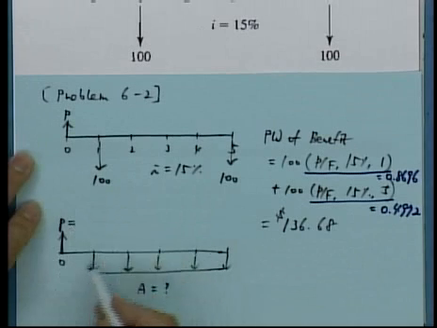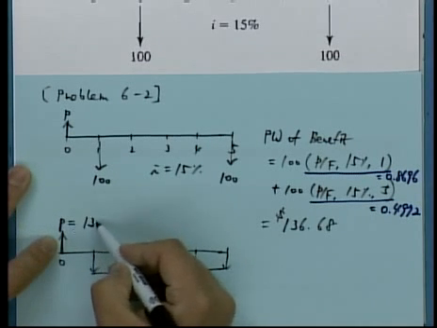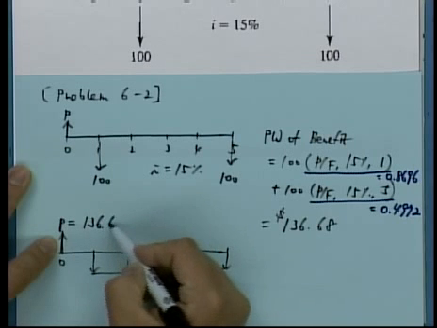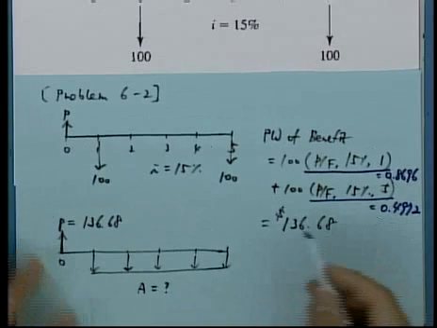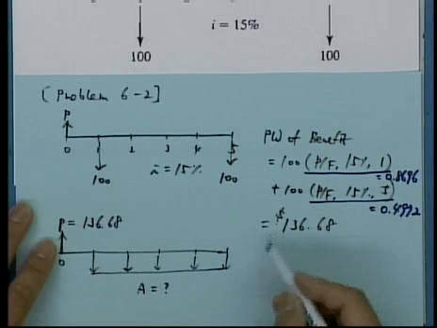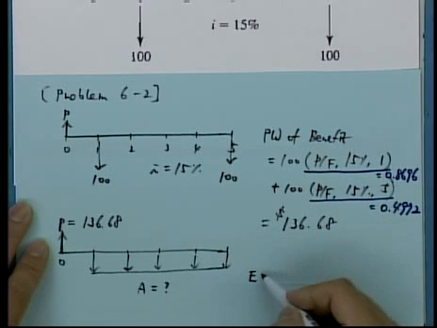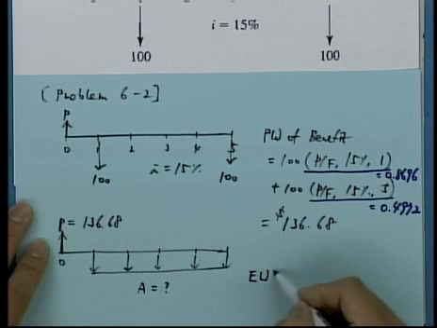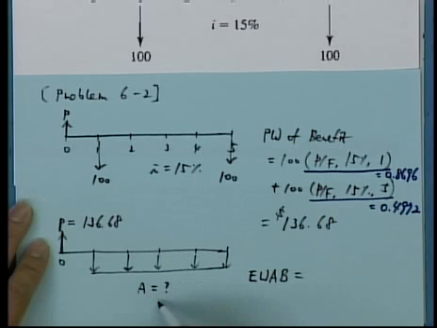Now we know that the present worth of benefit is $136.68. Now we want to convert this present sum of money to the equivalent uniform annual benefit, which is A down here.